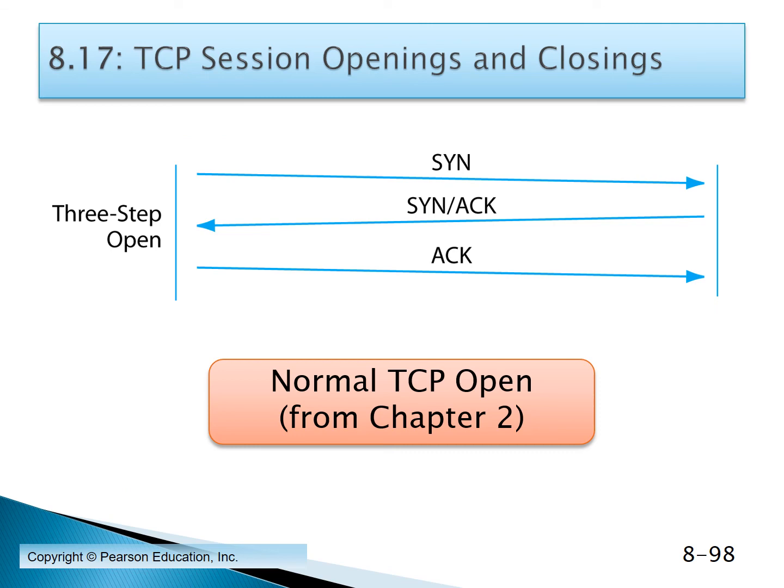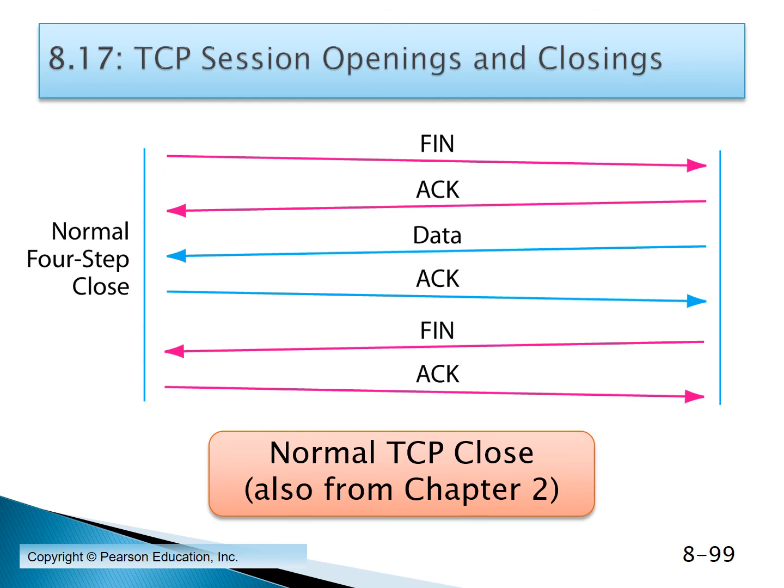Just remember that TCP is actually quite cumbersome. When you open a session, you need 3 steps: you send something, get an acknowledgement of it, and then send an acknowledgement of your acknowledgement. For UDP, you don't do that. You just throw the packet there. TCP closing is a 4-step closing.